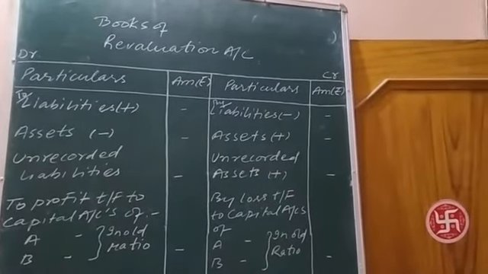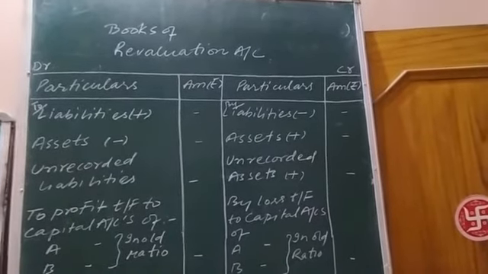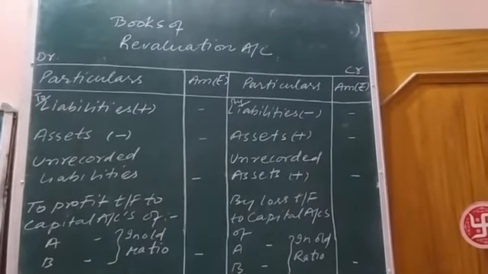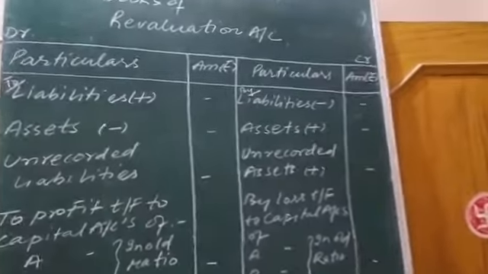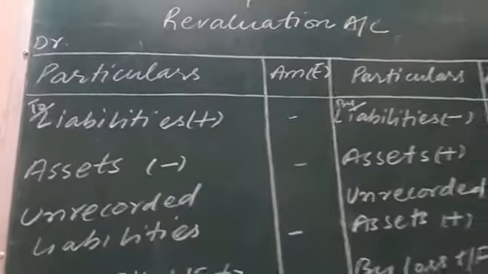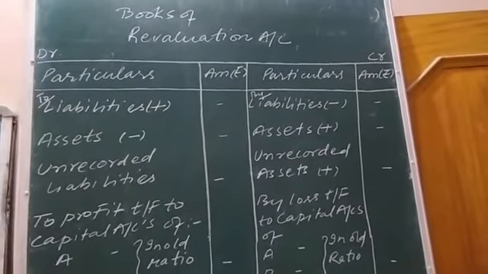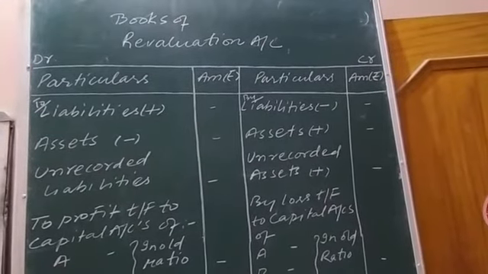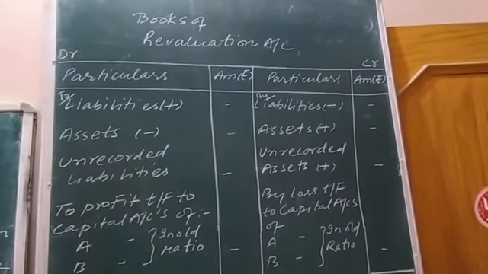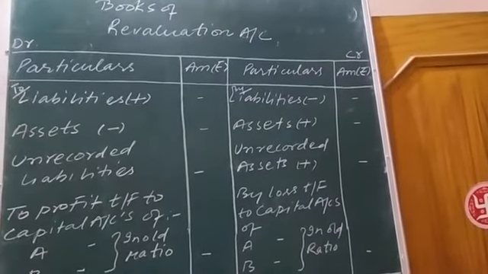On revaluation, that is on revaluing the assets and reassessing the liabilities, if we notice that there is an increase in liabilities, then those liabilities are recorded on the debit side of the revaluation account. The amount of increment only is to be recorded on the debit side.